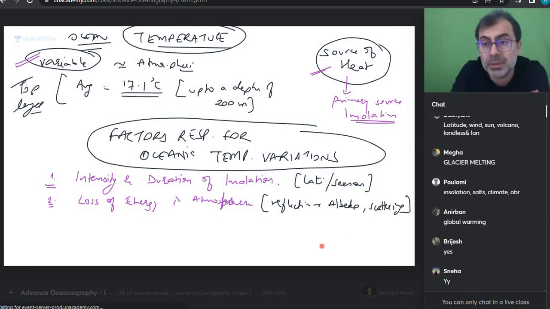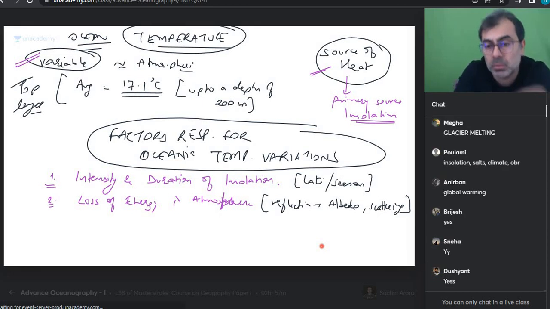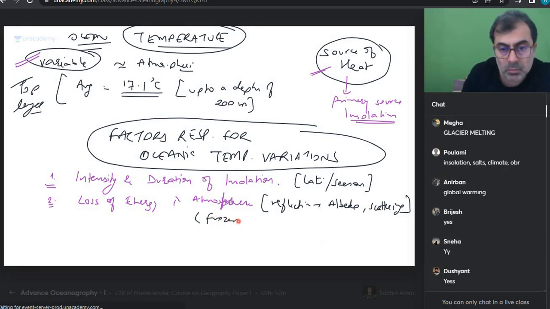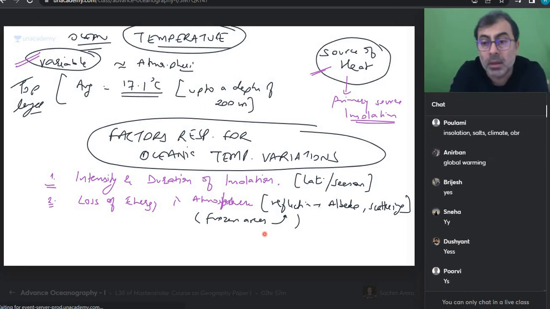Will it make a difference? Amount of heat received, different albedo at different places. Remember, polar areas, ice caps will have higher albedo. Do we have that? And we are saying that global warming is removing them. Global warming is removing caps, turning them into water, and when ice turns into water, it will be absorbing more. Will the heat absorption change or not?